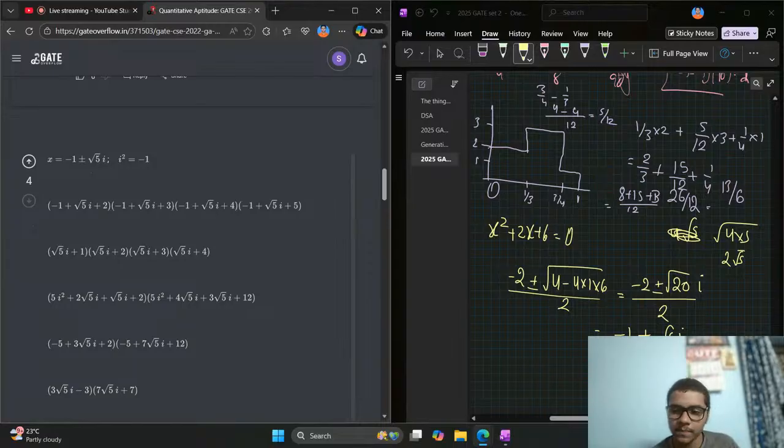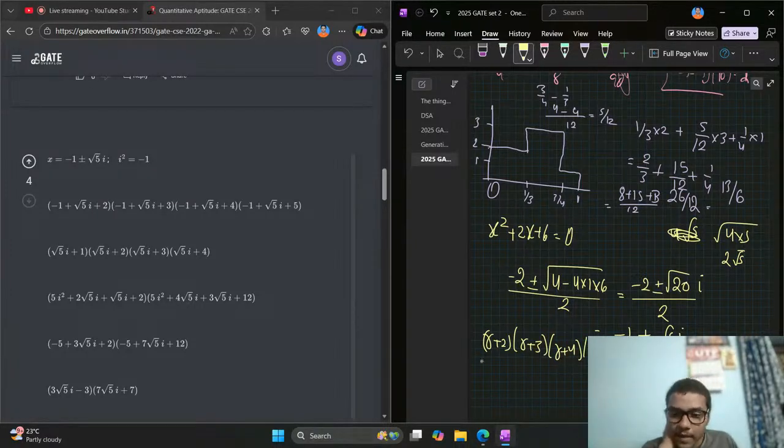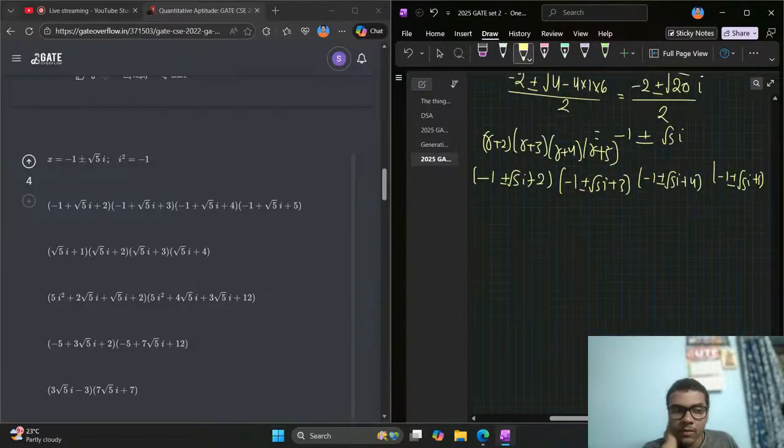Okay, we got it. R plus 2 times R plus 3, R plus 4, R plus 5. It just comes down to the skills of mathematics at this point. So what do you do about it?